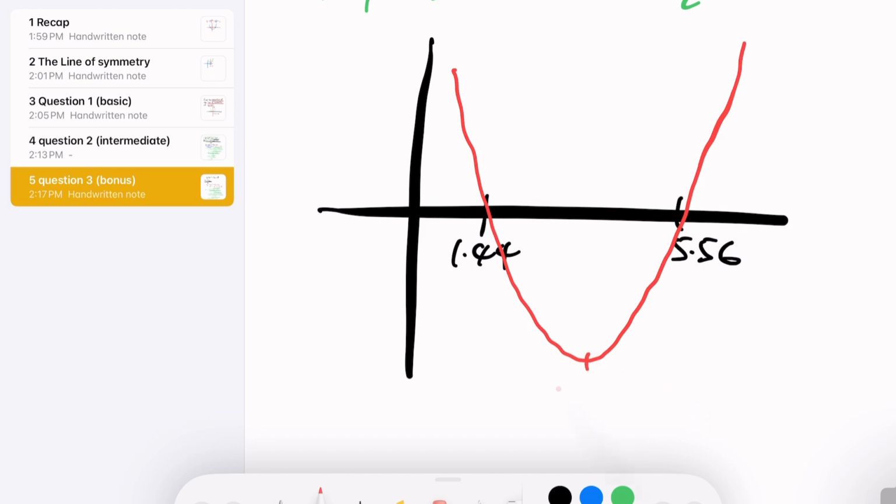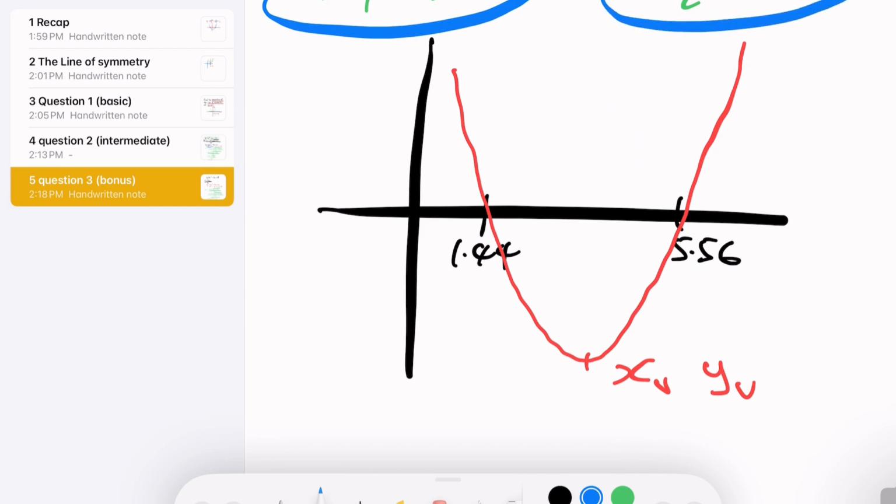So what could the x-coordinate of this vertex be? Okay, so we have to sum up x1, x2 and divide by 2. So 5.56 plus 1.44 over 2 gives us 3.5.